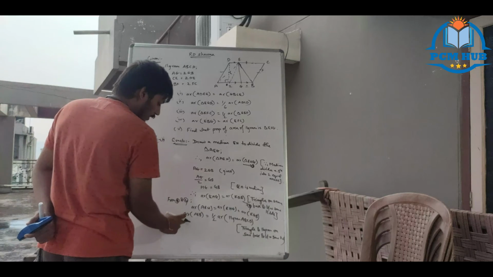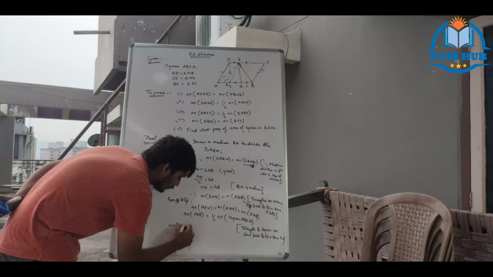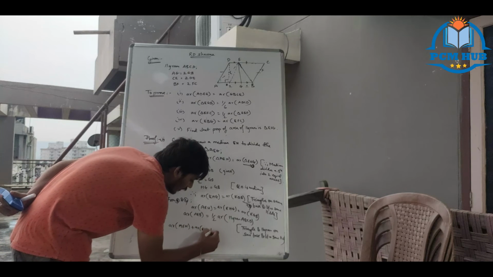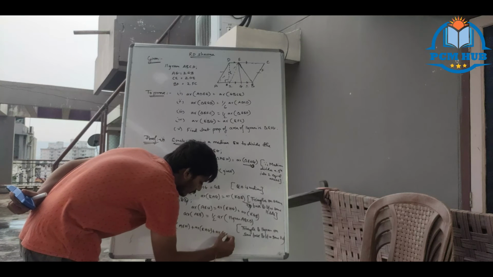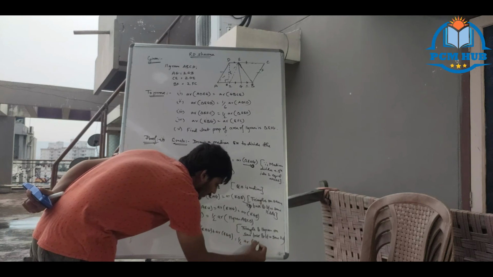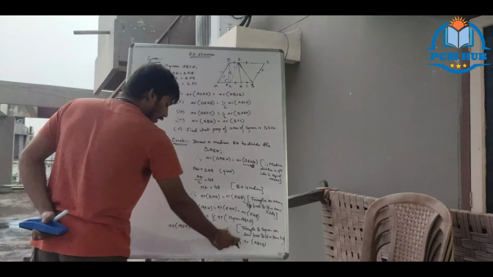Therefore, now you will be putting AEB. What is AEB? Area of AEH plus area of EHG plus area of EGB equal to half area of ABCD. Now what we know, all three are equal.